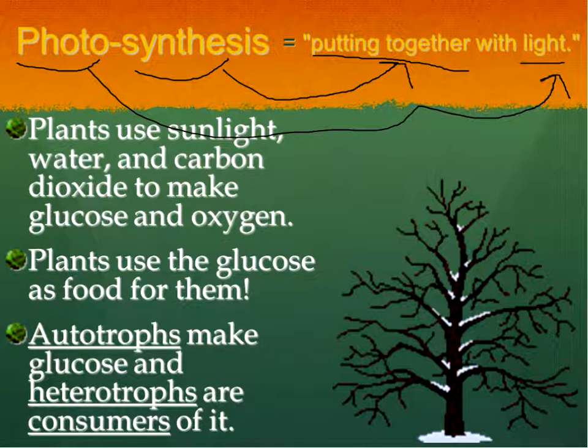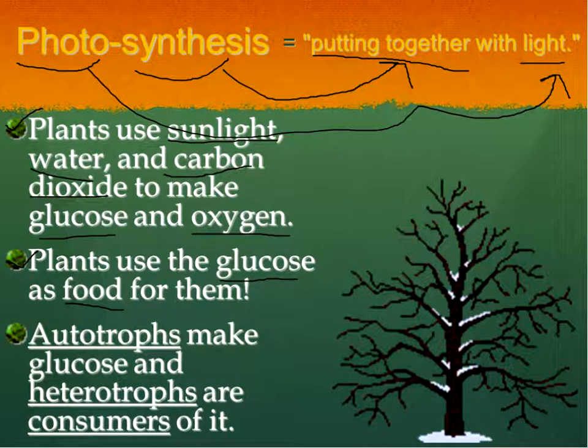So this explains photosynthesis. Remember, they use sunlight, water, and carbon dioxide to make glucose and oxygen. I've already said that about 6 times today, so that's something you absolutely want to memorize. The 3 things that go in: carbon dioxide, water, energy. 2 things that come out: glucose, oxygen. And then once that happens, the plants will use the glucose as food.